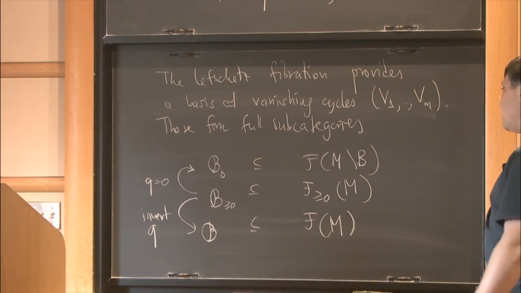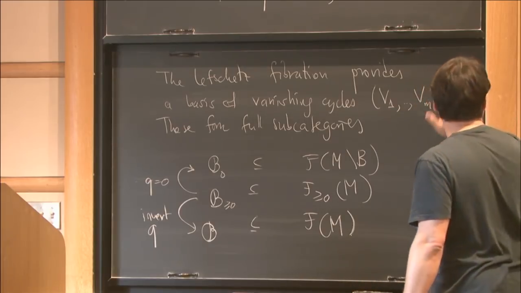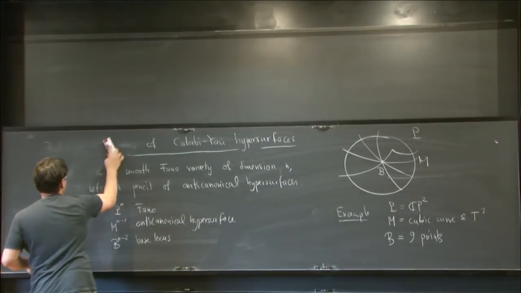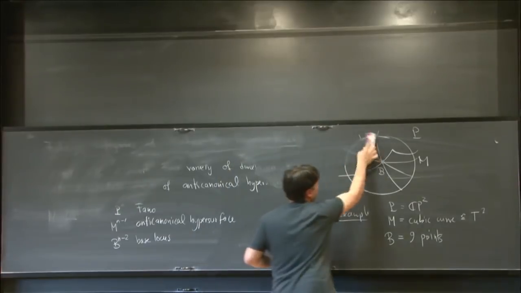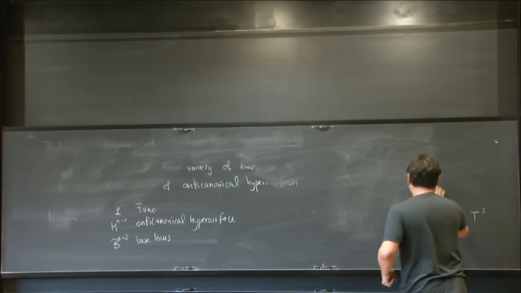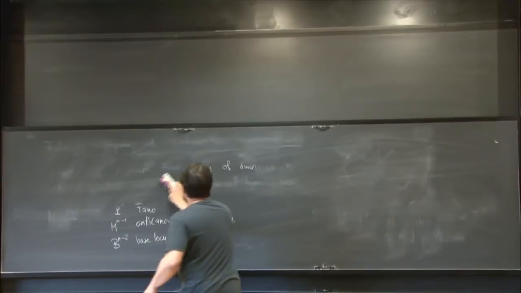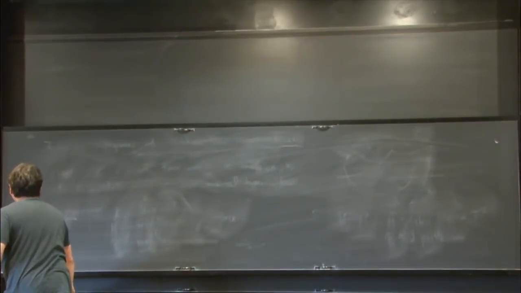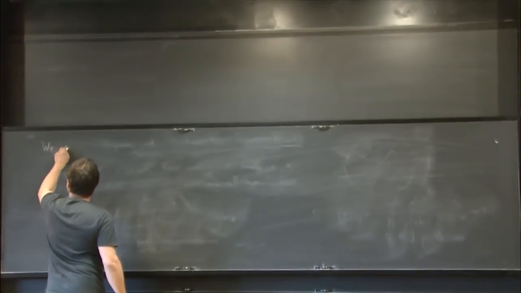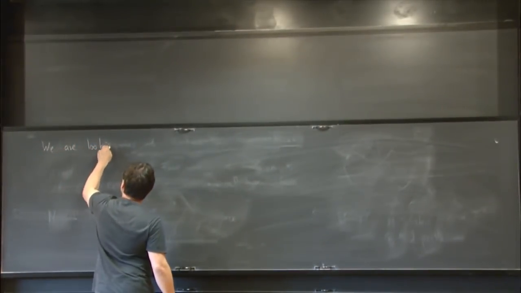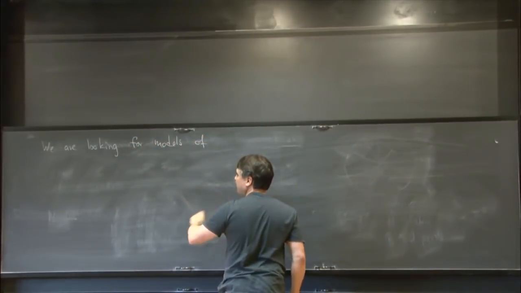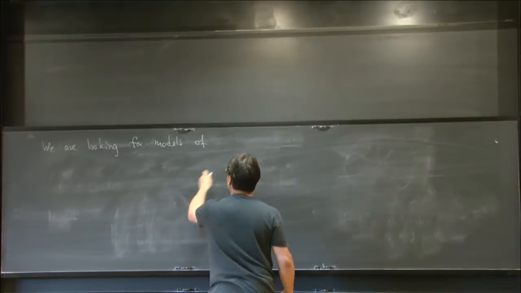Also, a last moment of caution. Okay, let me state the problem here. We're looking for models of this B, which is defined up to quasi-isomorphism.